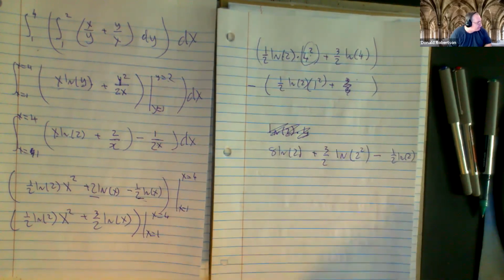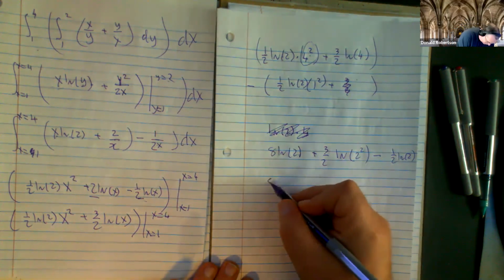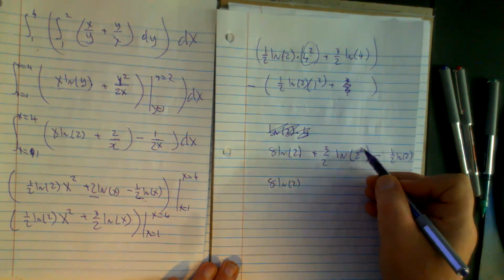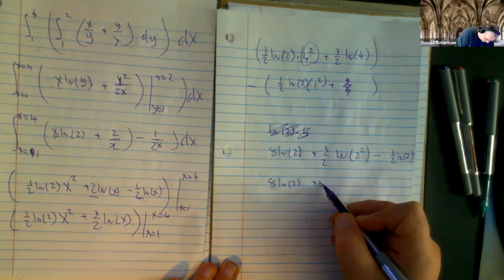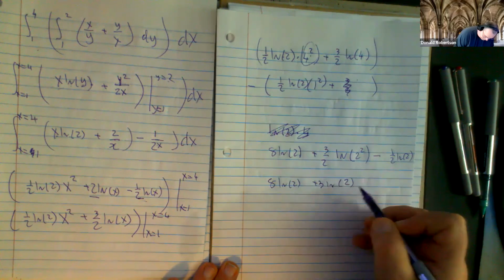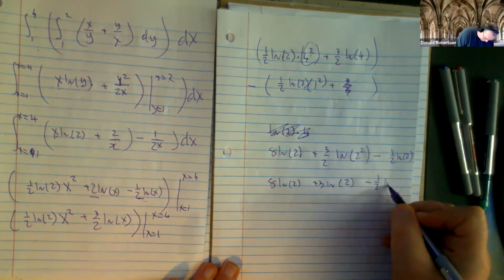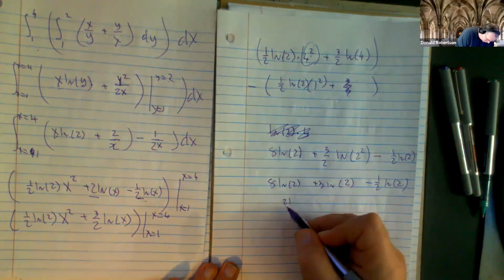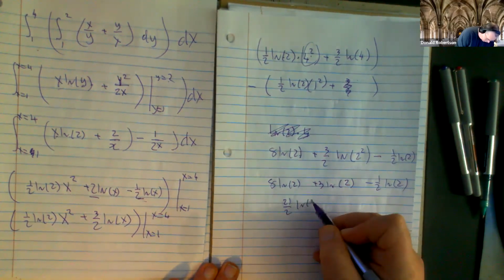And the reason I'm doing that is I'm trying to get everybody to be in terms of log 2. So that's this. Oh, okay. Now that becomes 2 log 2, which gets you 3 log 2. Take away 1/2 log 2, which gets me 10.5 log 2, which is 21/2 log 2, and that's the answer.